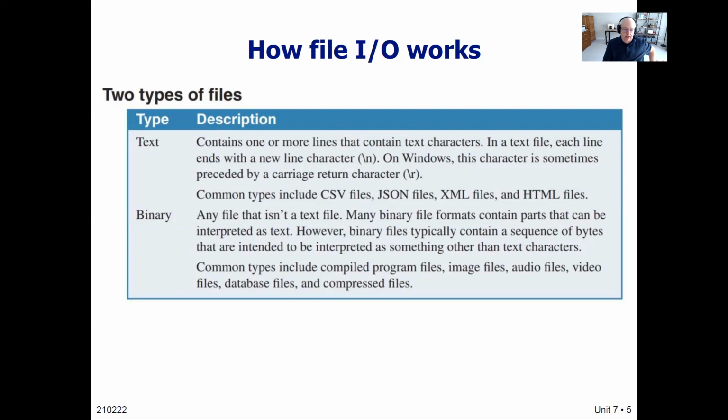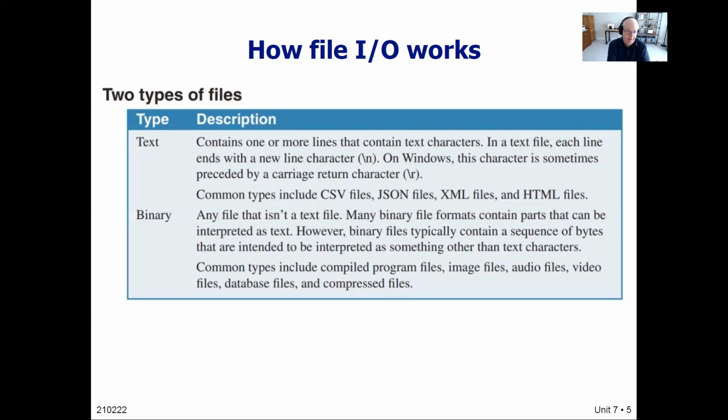Common types of text files are CSV files, which we're going to learn today, JSON files, XML files, HTML files. I know you've worked with those in other classes, and if we did this whole book, we would do them in the second half of this book. We're not going to get that far in this one course, but those file formats are also dealt with.